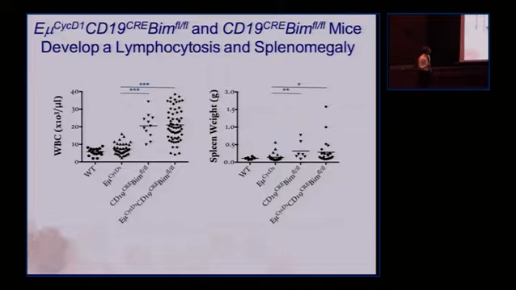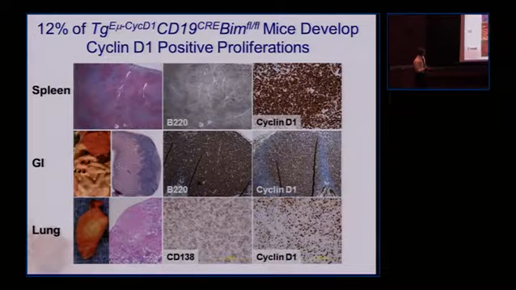So when we crossed these two lines together, we saw a similar lymphocytosis and splenomegaly within both the BIM conditional knockout and the transgenic knockout lines compared to the wild type and the transgene alone, but not much difference between these two. However, when we looked morphologically, we saw only within these mice rare instances of Cyclin D1 positive hematopoietic proliferations.